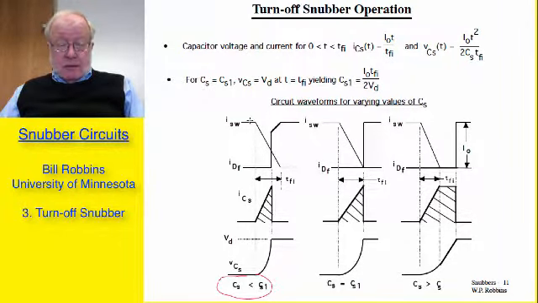The switch current, I should say, decreases linearly in time over the interval T sub FI. The diode voltage remains fixed until the capacitor current has reached I0. It then decreases abruptly to 0.